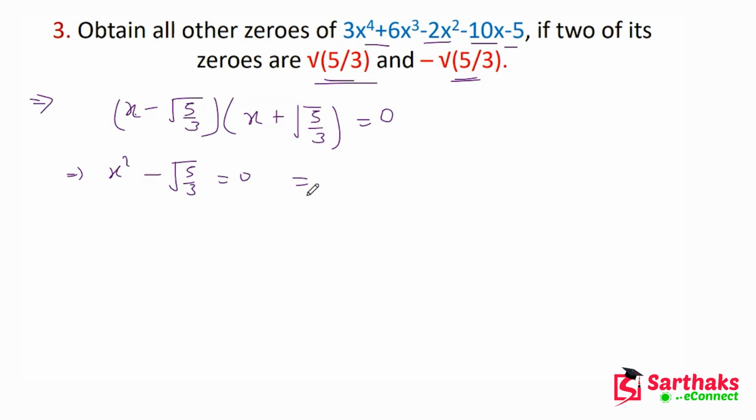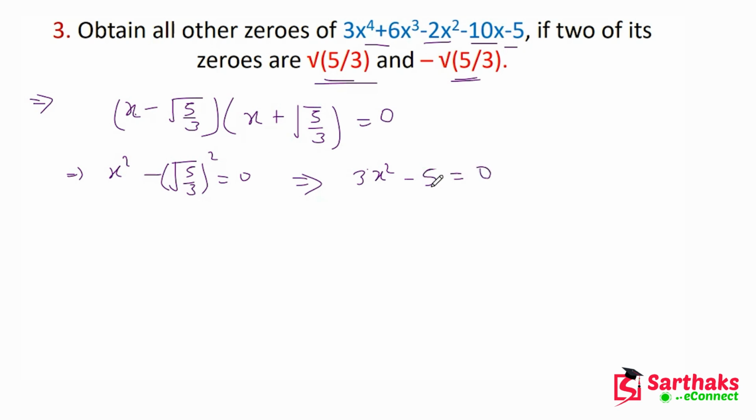Then we get, okay, this is whole square. Then we get 3x square is equal to, wait a minute, 3x square minus 5 is equal to 0.